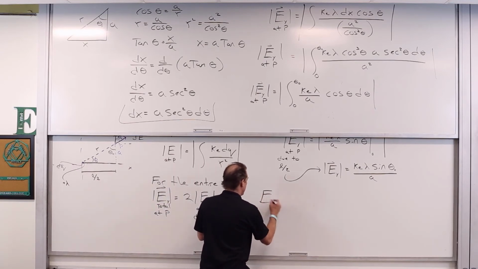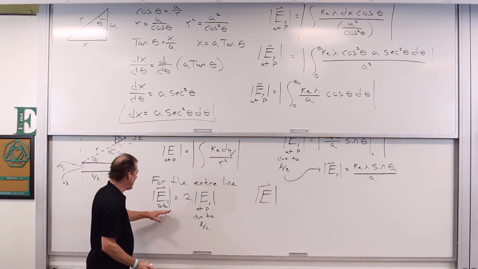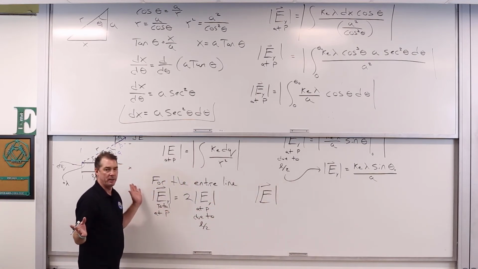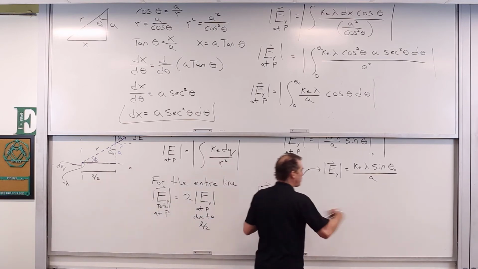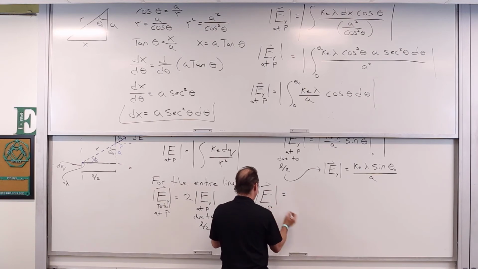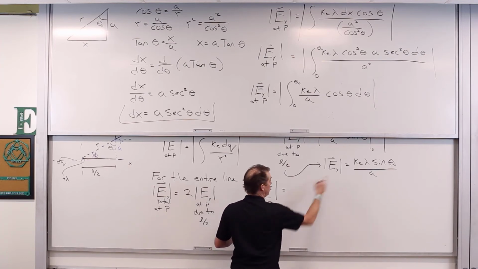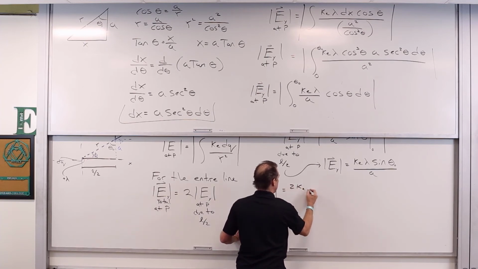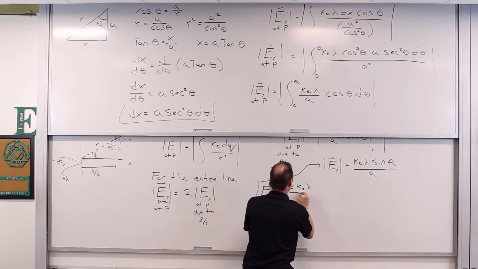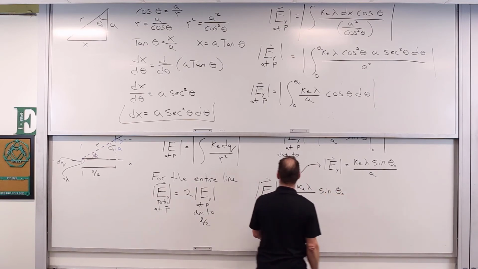So what do we get out of this? We've got that the magnitude of the electric field itself, x components all go away now because we don't care about them anymore. Once we add in the second half, all the x components cancel out. We've got the magnitude of the electric field at P due to the entire line is equal to k sub e lambda divided by a times the sine of theta sub 0.